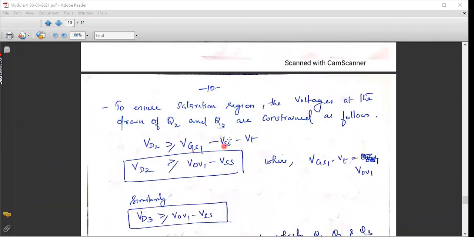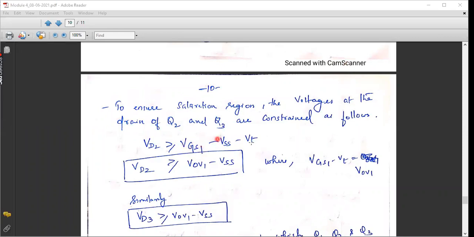But now I have connected my source to the negative power supply, so that should be considered while writing the condition for saturation. So what is the condition for saturation? The output voltage or the drain voltage of Q2, which is VD2, should be greater than or equal to VGS1 minus VSS minus VT, where minus VSS is the voltage connected to the source terminal.